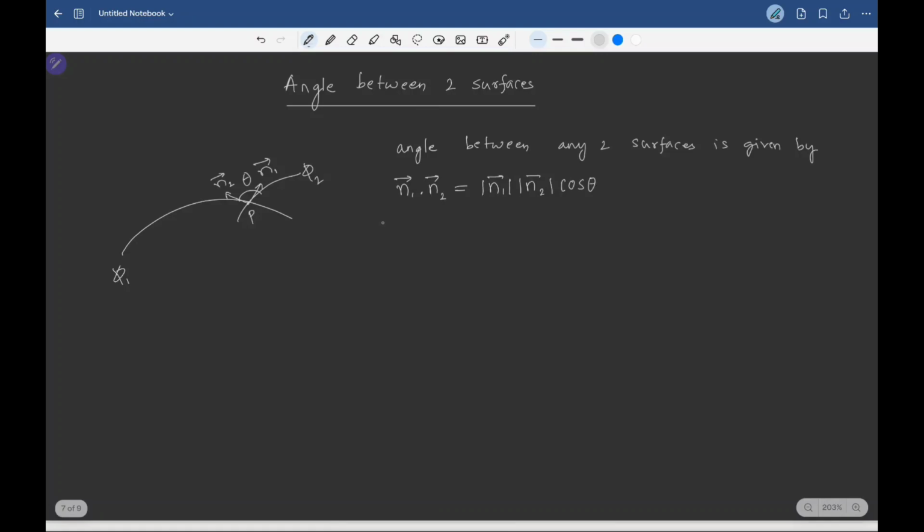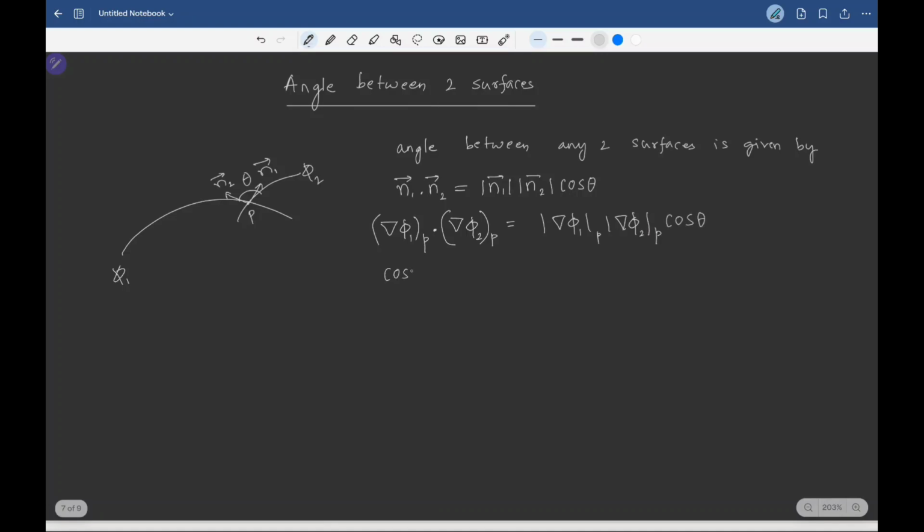What is n1? Gradient of phi. I have told you this in the physical meaning of the gradient. Gradient of phi 1 at the particular point P dot gradient of phi 2 at the particular point P is equal to, taking the mod values, gradient of phi 1 at P times gradient of phi 2 at P times cos theta.